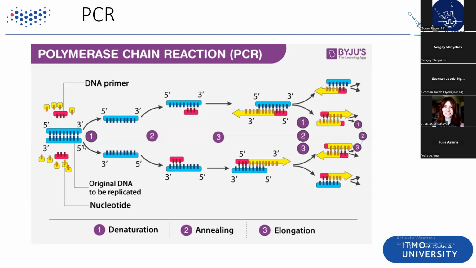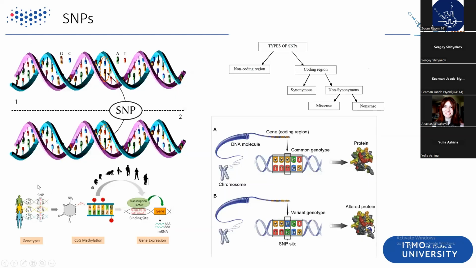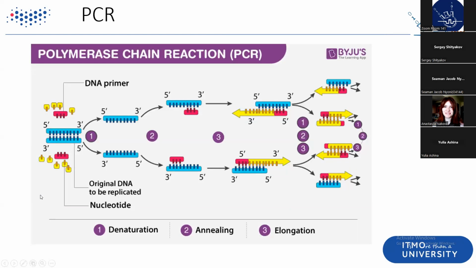So as I already mentioned here, one could also simulate this process, at least using the PCR reaction, when you have a small part of the DNA as a DNA template, and you could modify this template by introducing some mutation within this template.